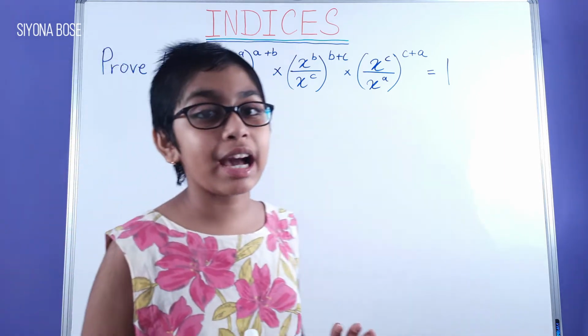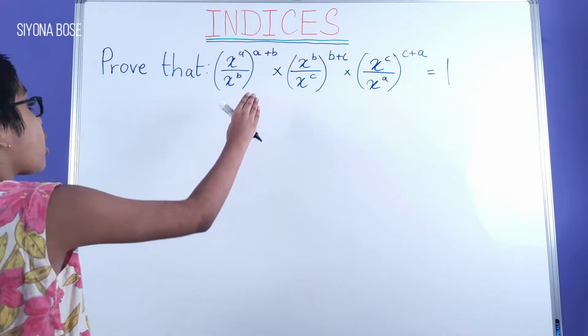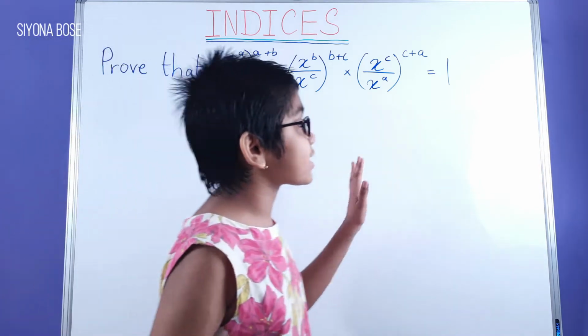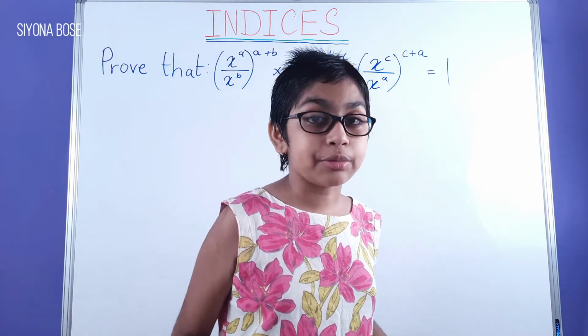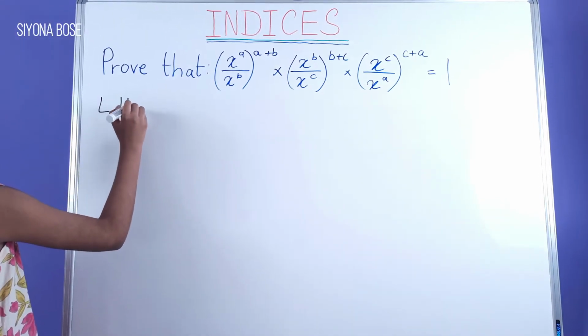Here basically we have to prove LHS equal to RHS. LHS is this entire expression and RHS is 1. So let's do it.